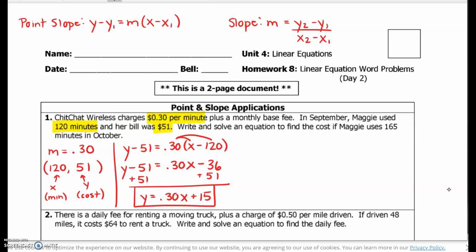However, each one of these problems has 2 parts. In the next part, after it says write an equation, it also says solve an equation to find the cost if Maggie uses 165 minutes. Now, based on the point that we wrote earlier, minutes is our x value. So we are going to plug in the number 165 where we see x in our equation.